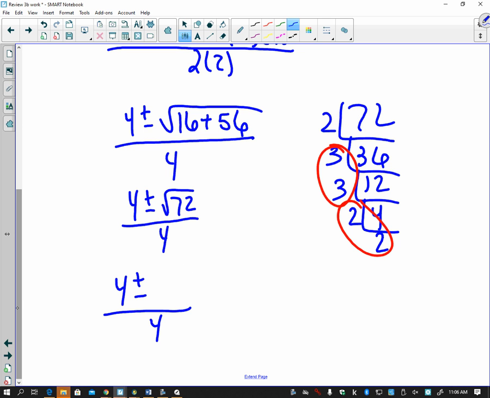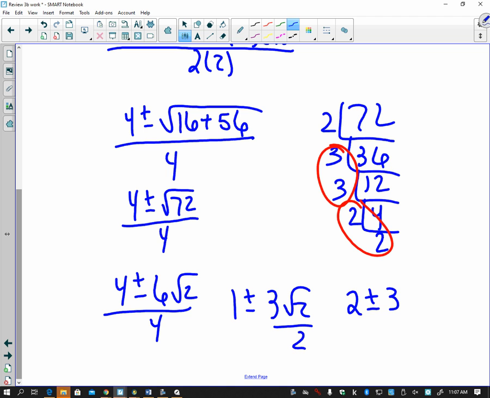Okay, so we're winding up with 3 times 2, which is 6 radical 2. Okay. So we wind up with, well, 1 plus or minus, what would that be, 3? 3 radical 2 over 2. Or you could have 2 plus or minus 3 radical 2 all over 2.